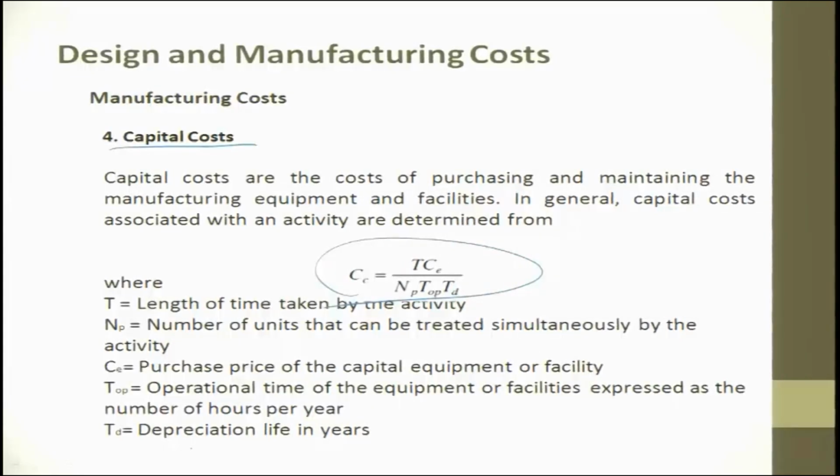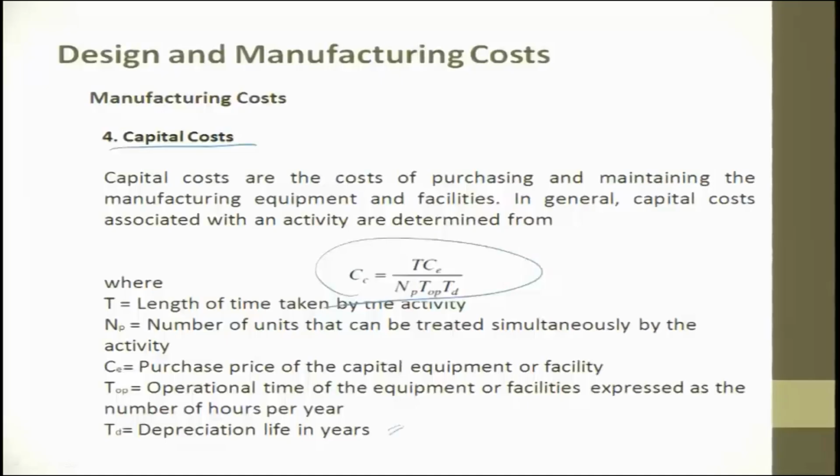Many a times several of these buildings which are existing today have a value of almost 0. The depreciation has gone so low that it has reached the value of the building as per the records being 0. So, this is where the depreciation life plays a very important role in costing.